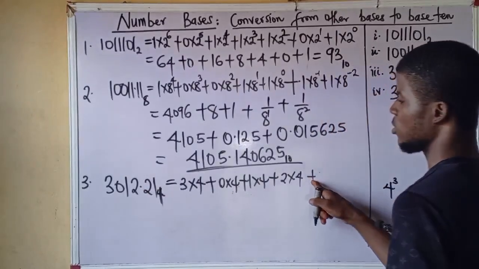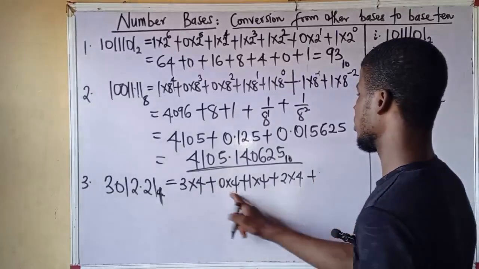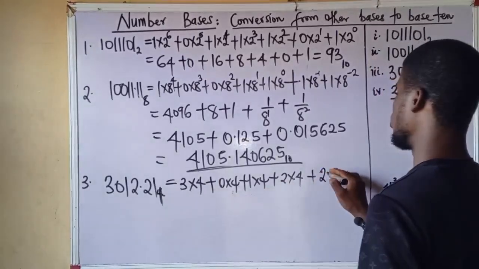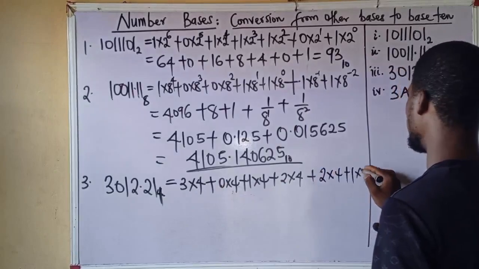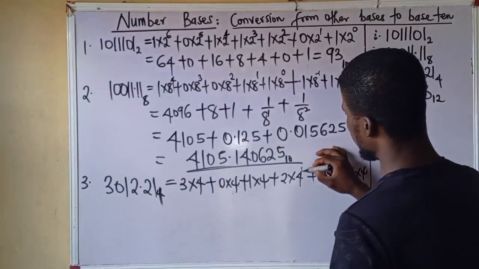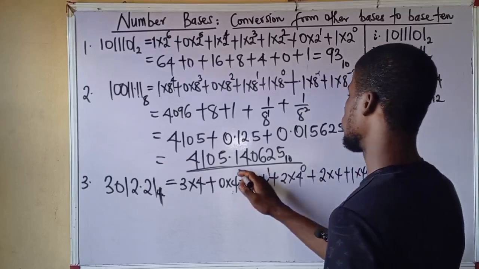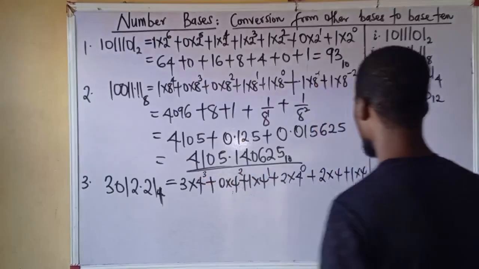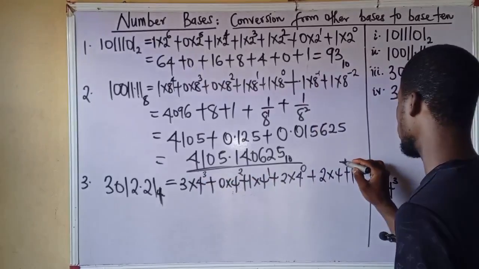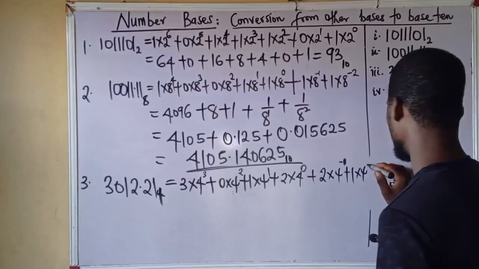Taking note of these points, this is where we have the decimal point, right? Plus 2 times 4, plus 1 times 4. So I will start from here, 0, 1, 2, 3. Then here we have minus 1 and minus 2.